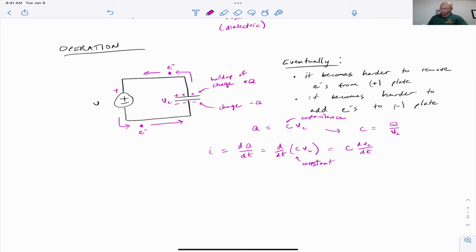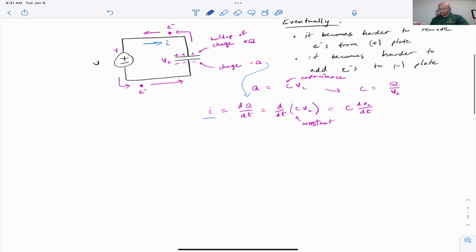And so we have this relationship that the current through the capacitor, yes, it's actually a current through the capacitor, is the time rate of change of the voltage across the capacitor. So in the circuit as we've drawn it here, the flow of electrons is counterclockwise, so the flow of current, I, is clockwise. So that's the I that we've got here, and then this Q is the Q in our derivative.